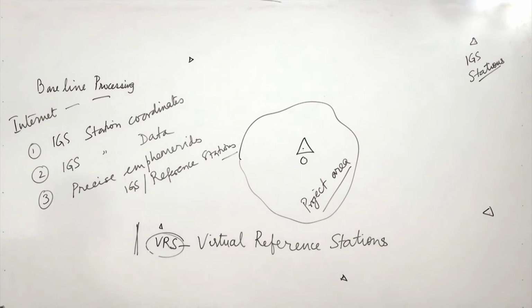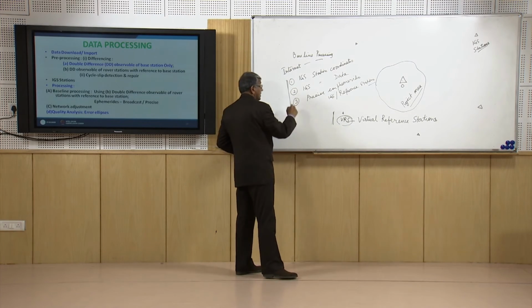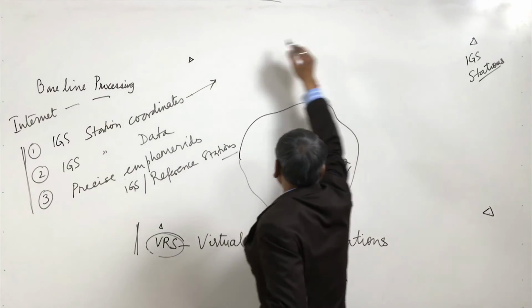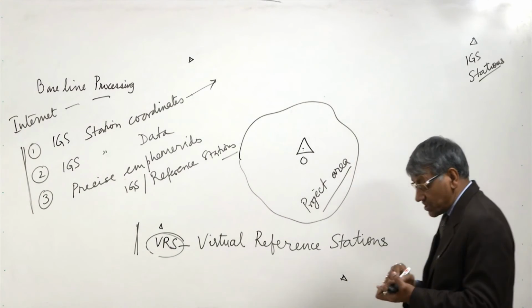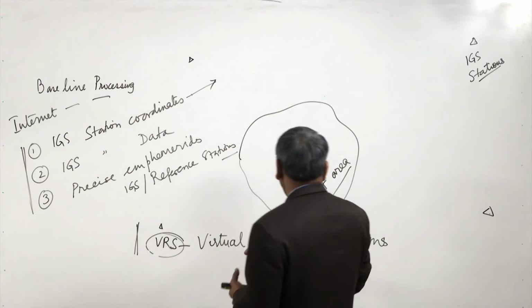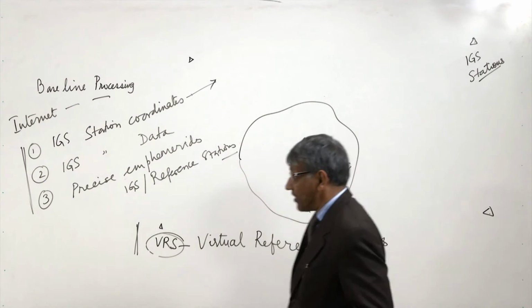All these things we can get from the internet. So now, fixing this IGS station coordinate, we can find out the coordinate of this reference station.